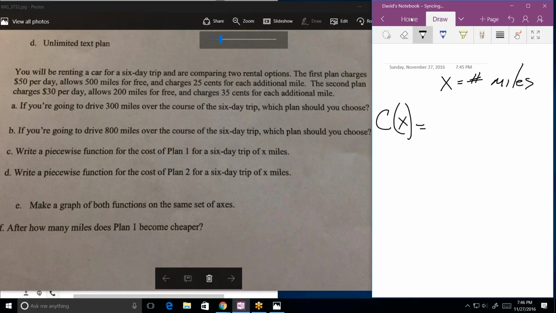As a piecewise. $50 times 6. Plus, put your domain on there.